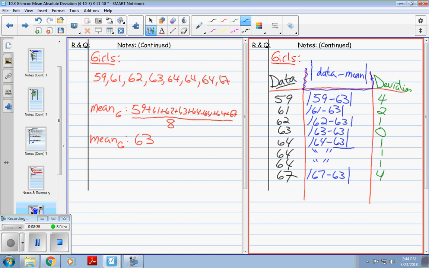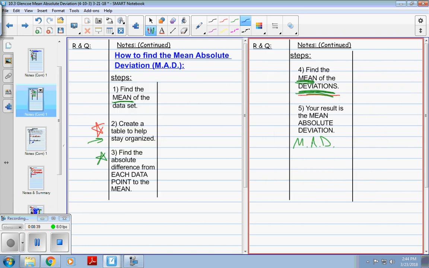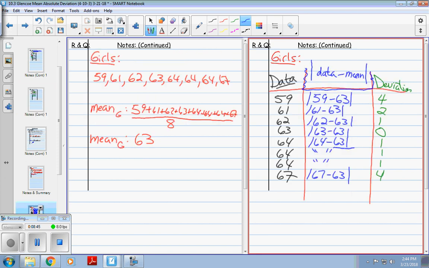Now we're on the final step. What does that last step, or sorry, fourth step say to do? We need to find the mean of the deviation. So now we just have to do one more mean problem. And what we are actually solving for here is the mean absolute deviation. And what we do to find that is you add up all the deviations. Remember, 0 is a number.